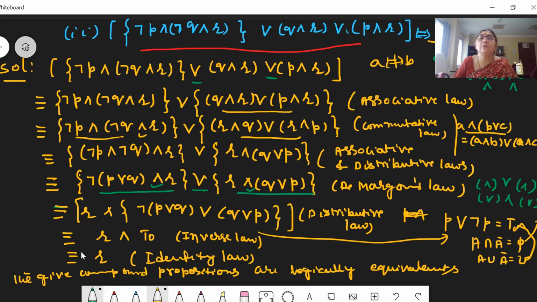Using that, you try to show that this compound A is not equivalent to B. Otherwise, it's not correct. Don't decide immediately that it's not logically equivalent. You try all the possibilities. Once it's not possible to prove that, then you have to give suitable truth values for the components of the compound proposition and show that it is not logically equivalent. That is called a counter example.